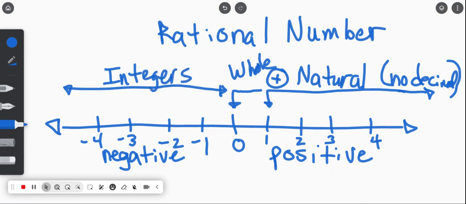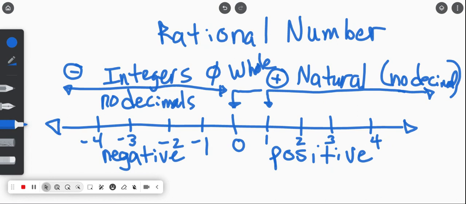And integers are going to include the positives, the negatives, 0, but still there's no decimals. There are no decimals included in the natural numbers, whole numbers, or integers.